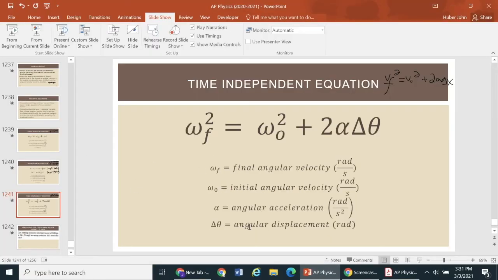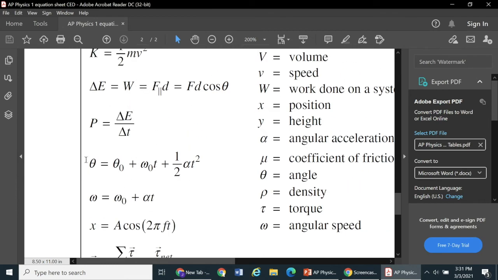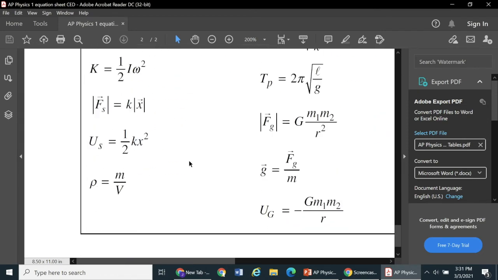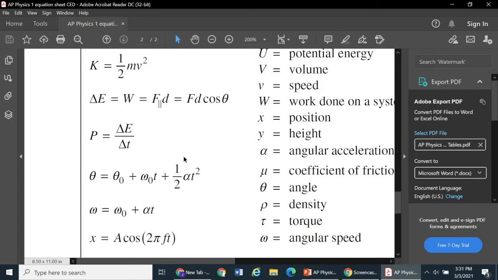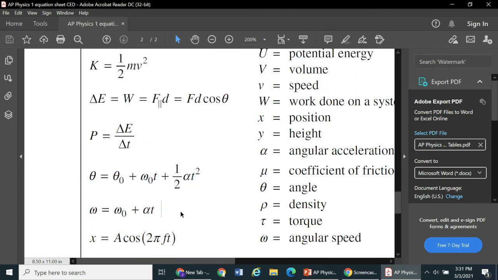And so if you look at the reference table, you will notice at the very top are your three equations that we just went through. And as you scroll down, you will see those equations for their rotational version. Something that's kind of weird in this course is that they don't put the time-independent rotational motion equation for some reason.